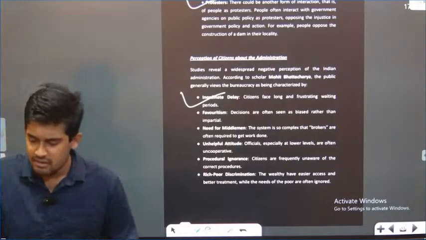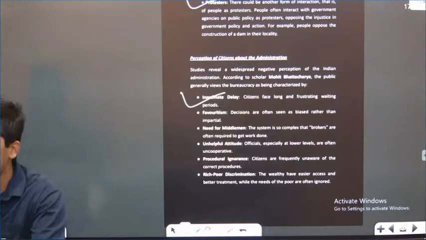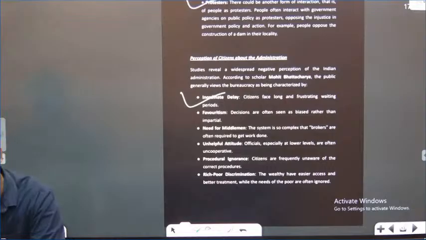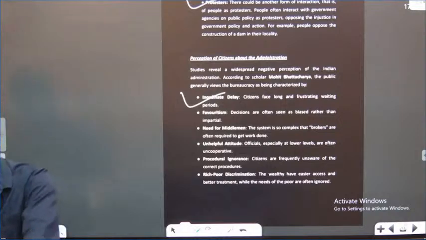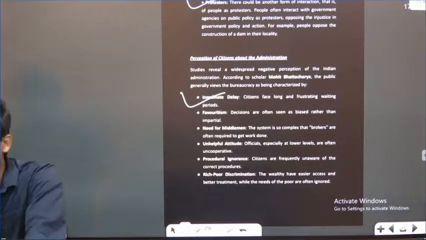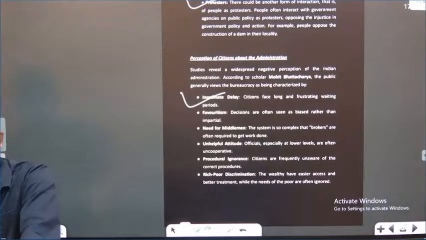Whenever somebody asks you to go to a government office and get some job done, you first fold your hands, saying you don't want to go to that office. Even a post office: if you go to post something, there is a long line. But in a private delivery service office, like FedEx, you get services fatafat.